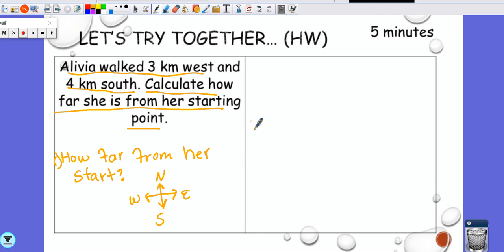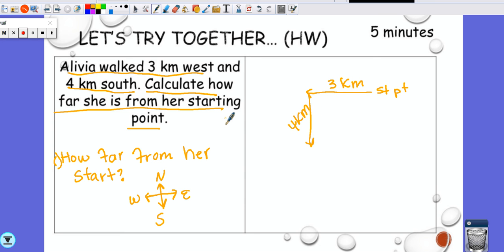So I'm going to say this is her start point. It says she walks west, so Olivia's going to walk this way, and that's going to be 3 kilometers. And then she walks down south 4 kilometers.